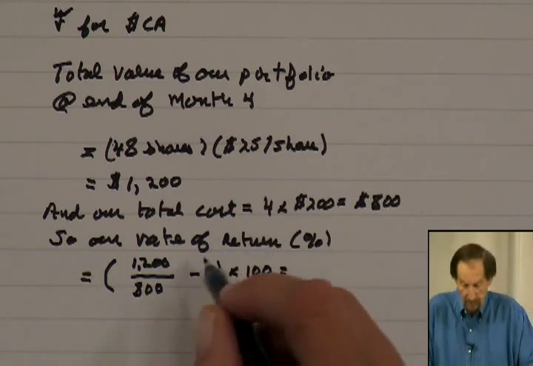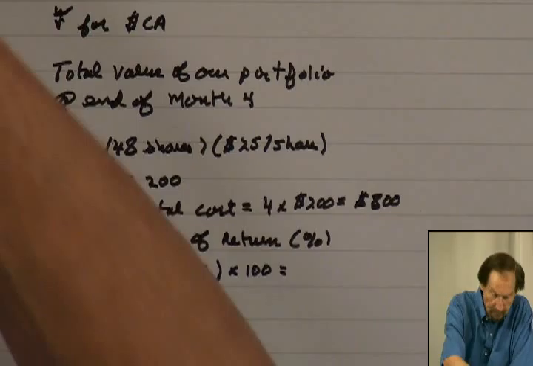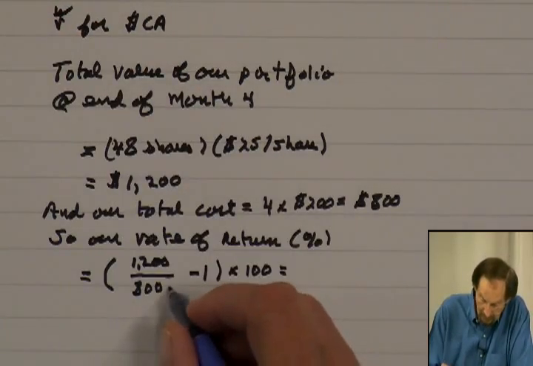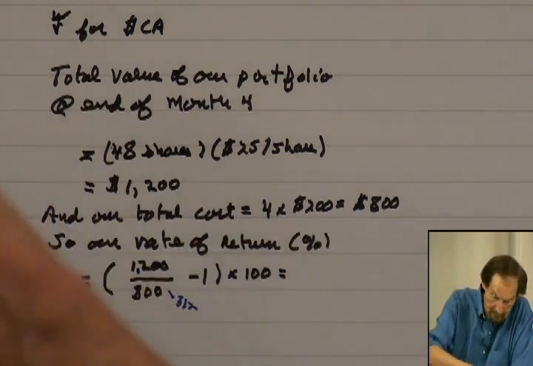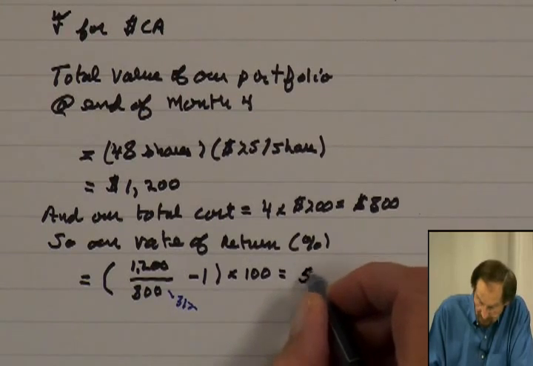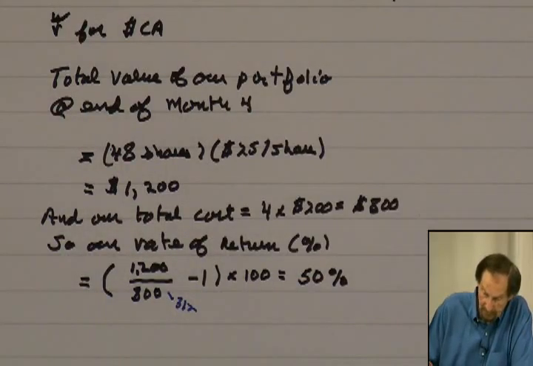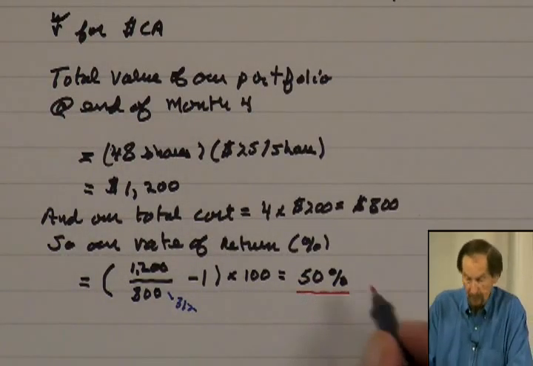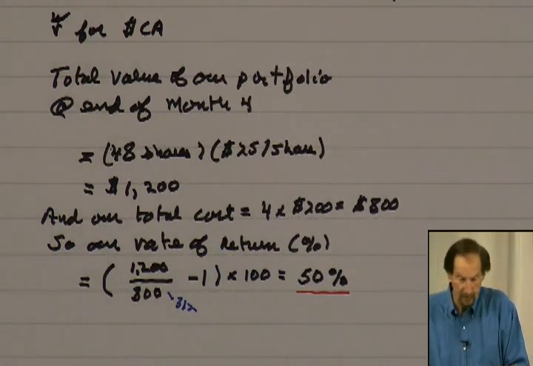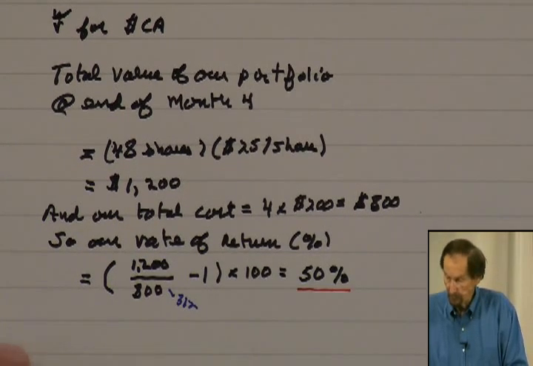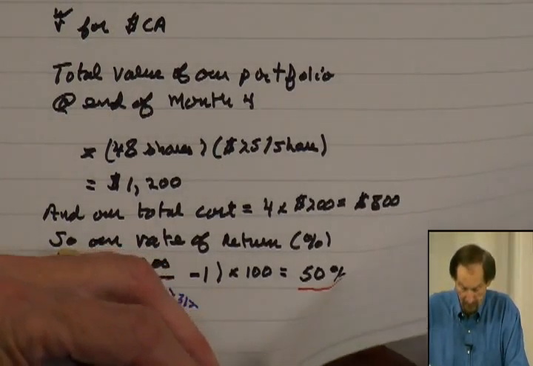And this is 3/2, so we get 50%. So we have a nice rate of return on this dollar cost averaging here. Now let's calculate the rate of return for the fixed number of shares. And we can do that easily.